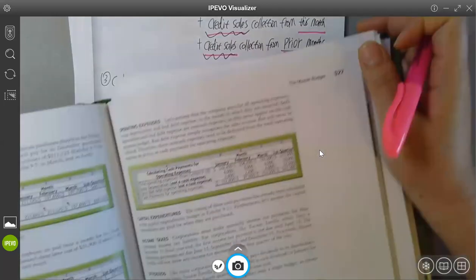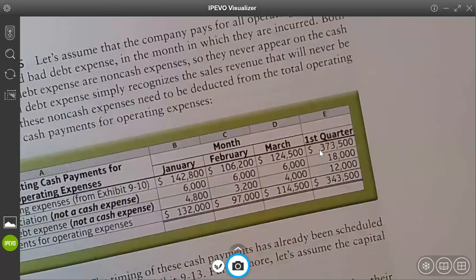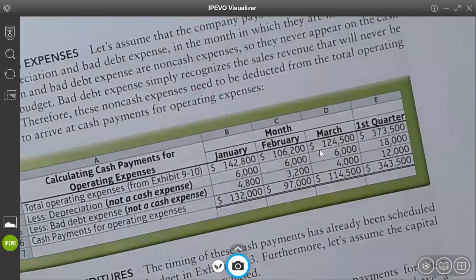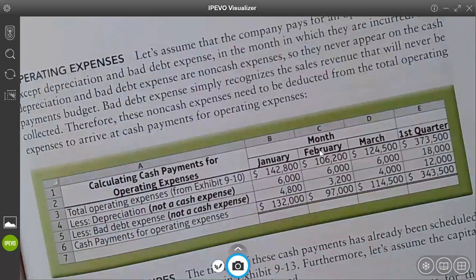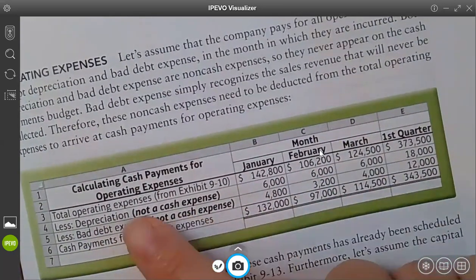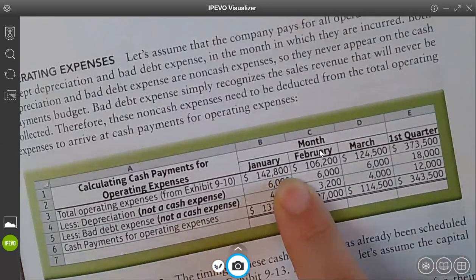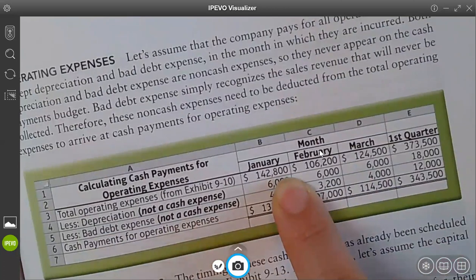Let's say I'm on page 527. This is operating expense, for January, February, March. You have this expense, $142,800. Positive number means expense.